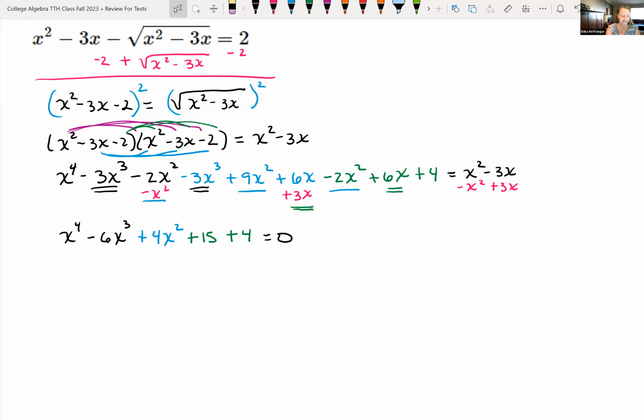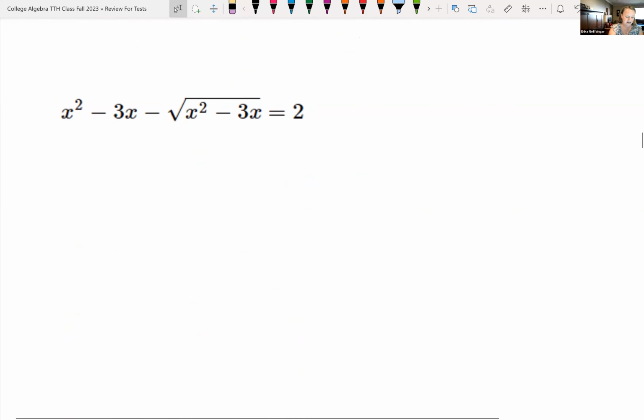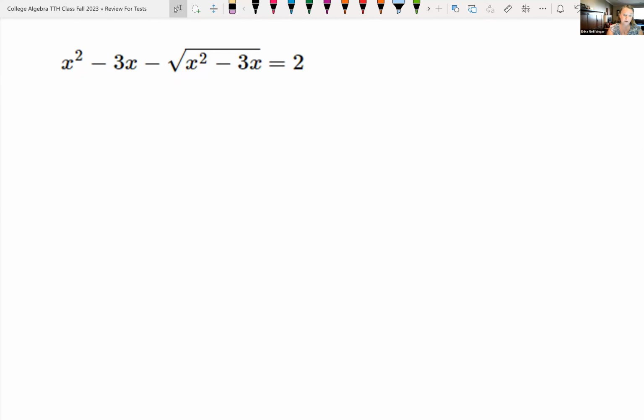So looking at this and knowing what section I'm in, this looks like we could rewrite this as a quadratic. Notice what's underneath this radical here. X squared minus 3x is the same thing right here, x squared minus 3x.